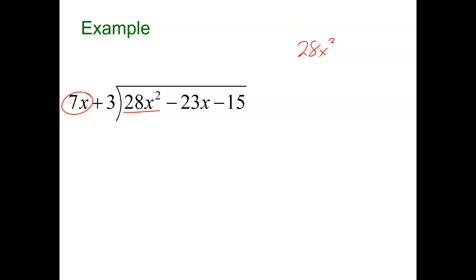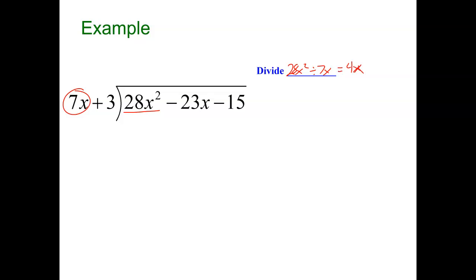The multiply steps will include both, but the division step only will include 7x. So I'm going to divide 28x squared by 7x. And what does that give me as my quotient? Close. 4x.